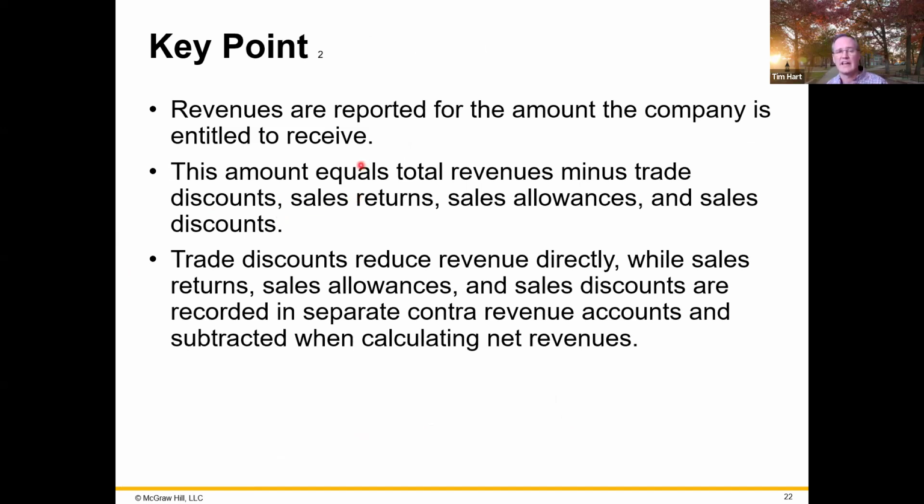They will separately look at returns and allowances and those types of things, but they want to see, and usually the bigger revenues, the better, that your products are desirable, people want to buy them. The returns and allowances would be more quality of the product and customer satisfaction, which is a different but still important variable to consider. But you need to record the full revenue for what they're entitled, initially at least, to receive. And then remember, trade discounts are off the top.